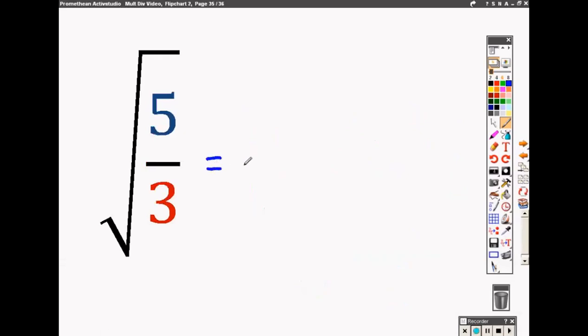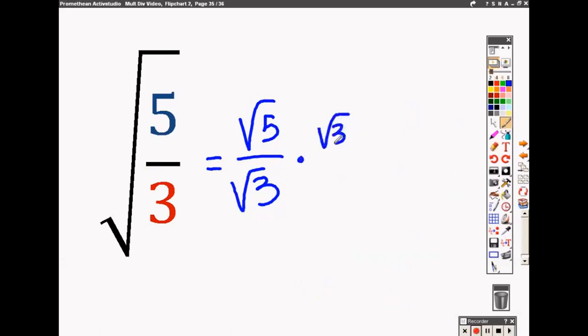What about this question? We will divide root 5 over root 3. Do you accept a square root in the denominator? No. How can we remove it? Multiply by its conjugate. So we will multiply by square root 3 over square root 3.